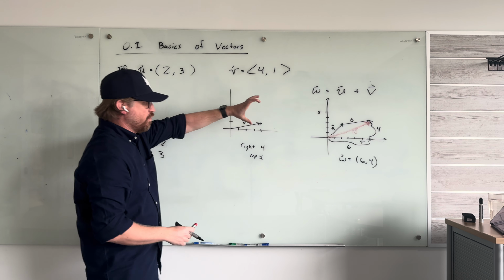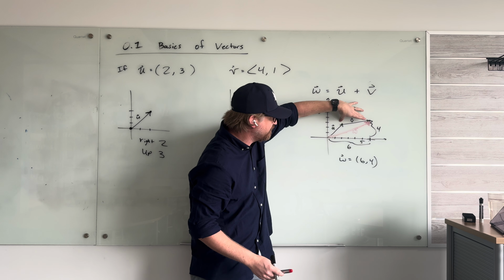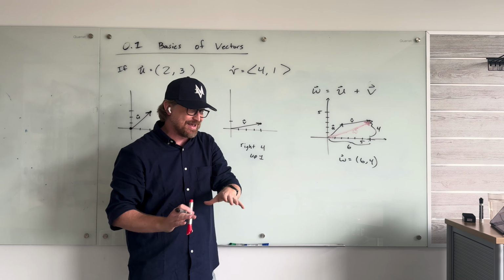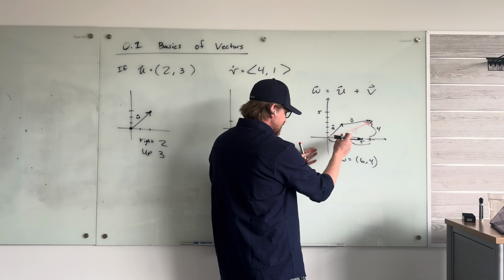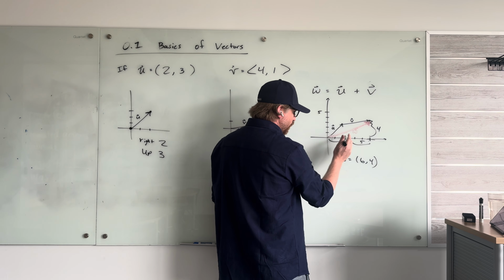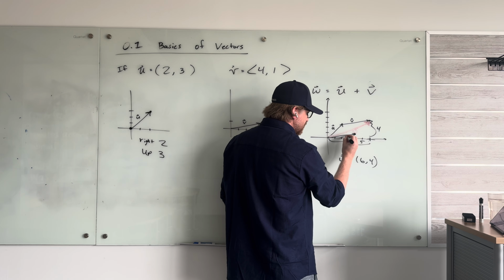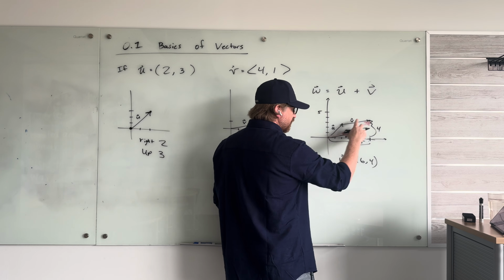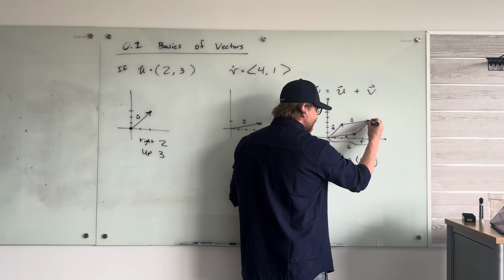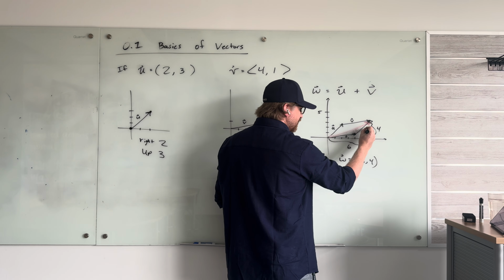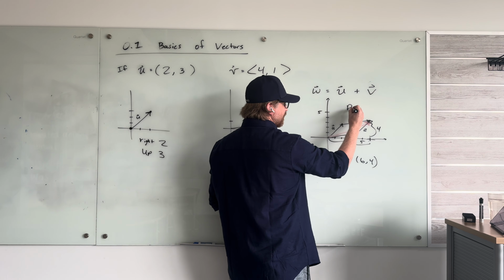And so I walked U and then I walked V, but we didn't necessarily have to do it in that order. I could have gone V and said, okay, 1, 2, 3, 4, 1. So here's my vector V, and then walk U. So if I draw that, notice how it creates these parallel lines. We create a parallelogram.